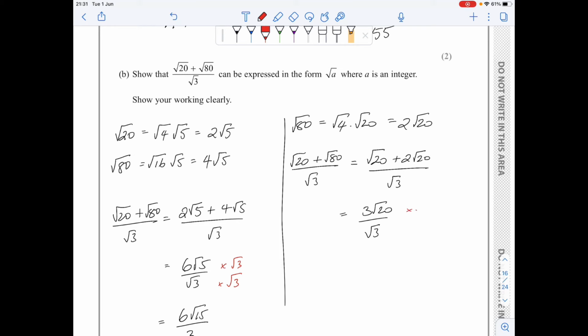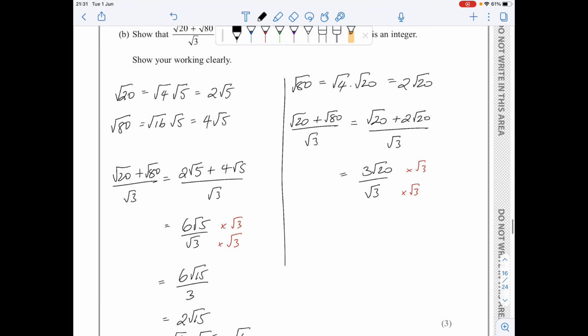Again, rationalize the denominator. So I get 3 square root of 60 over 3, which will give me square root of 60 as the final answer.